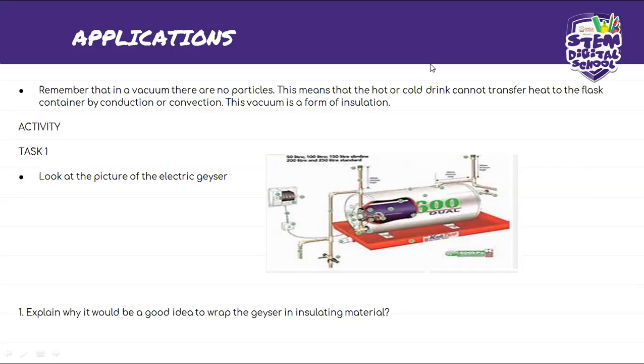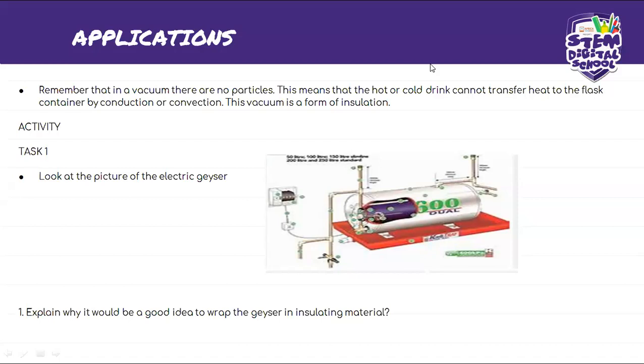The element inside the geyser is going to automatically stop. But something should be done with the hot water so that it doesn't become cold. Yes, very good, to keep the water hot. I can see your responses are okay. My learners, you are very impressive. Okay, so you have sent in your answers.